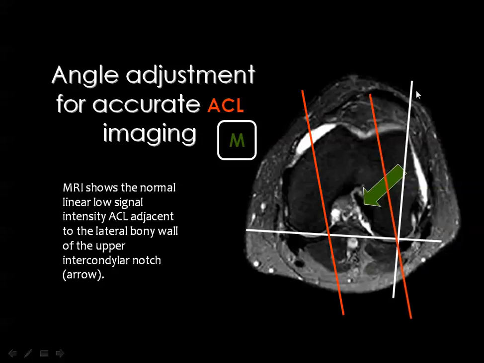From this perpendicular line, you select an angle of about 10 degrees towards the medial side of the knee. If you cut the sagittal images like this, you will definitely cut the course of the anterior cruciate ligament, and if it is present, it will be shown clearly in the images.